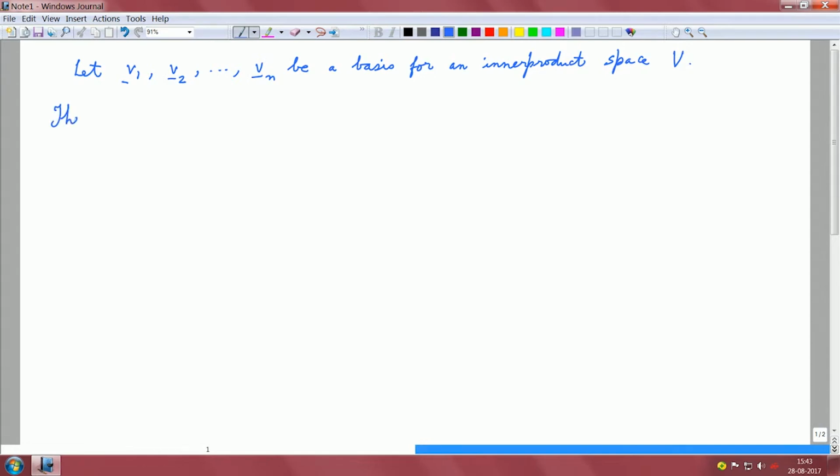So, the statement of this theorem is as follows. All of these theorems are really not very hard, they are just easy theorems.